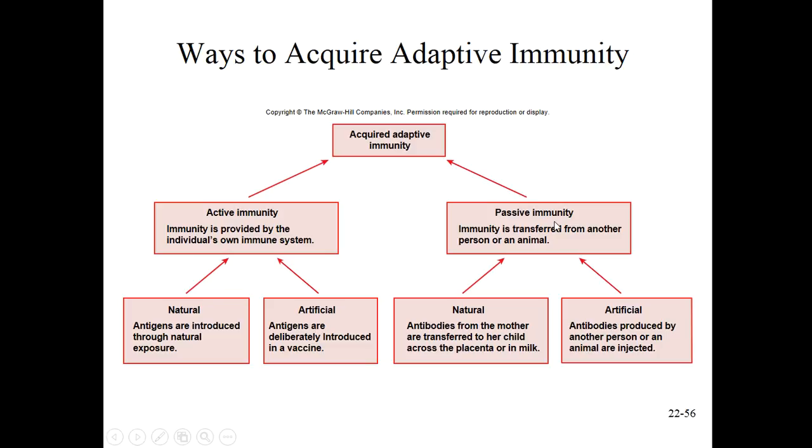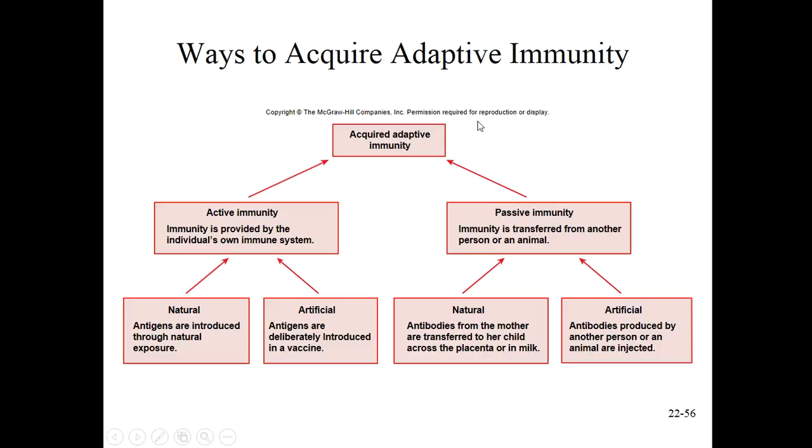Passive immunity means it's transferred from one person or an animal to the patient. That might sound strange, but just stick with me here. Natural passive immunity is what happens during pregnancy or during breastfeeding, when antibodies from the mother are transferred to her child across the placenta or through the breast milk.